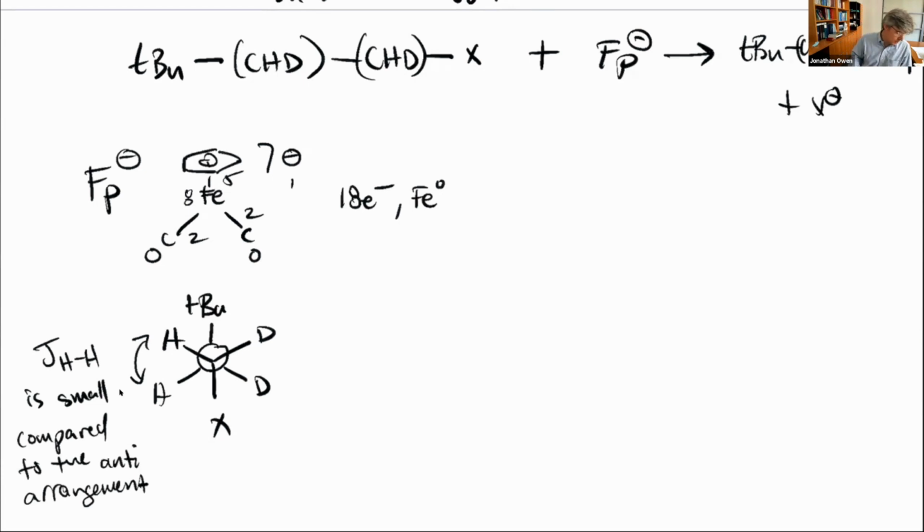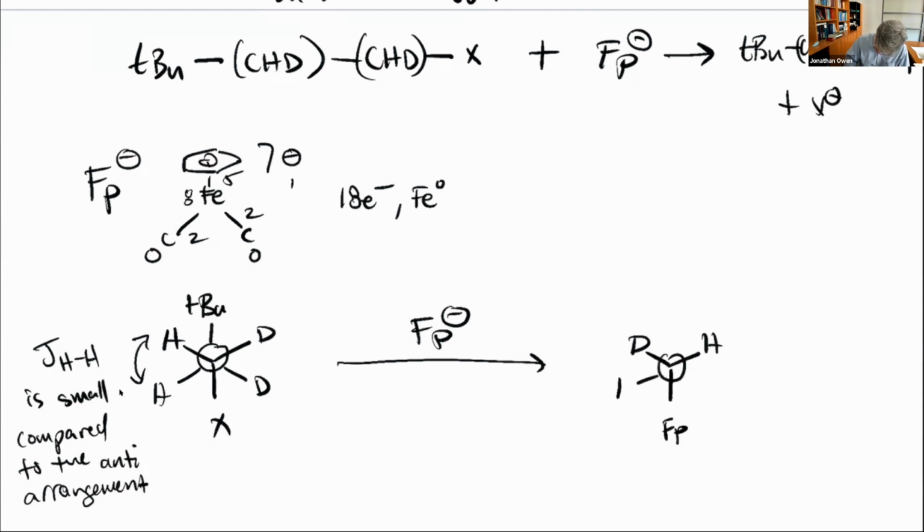So Whitesides found that when he reacted that thing with the FIP anion, he ended up with this isomer. Because FIP is kind of big and tert-butyl's big.